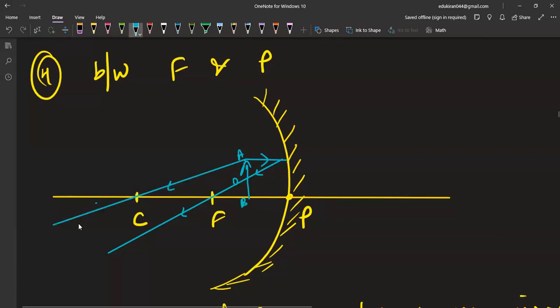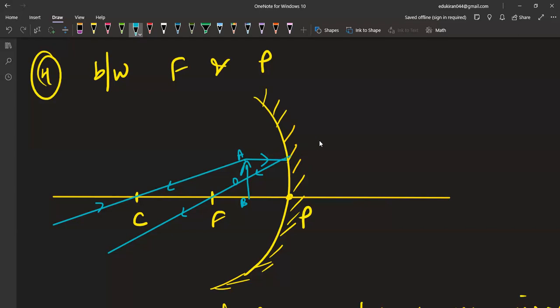Now see, it will be retraced. Can you see an intersection anywhere? There is no intersection. No, ma'am. See, this is one ray of light, parallel to the principal axis, passing through the focus. The second ray of light is not coinciding. So we cannot conclude that there is no image formed.